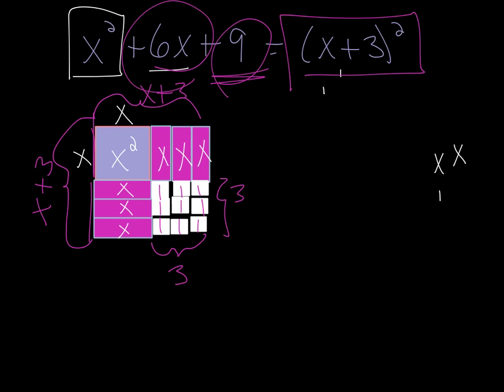And you guys know whenever you find the area of a square, it's always length times width. So right here you can see that this is why we call it completing the square. And really all we're doing is finding the area of the square. That's what the function represents, x squared plus 6x plus 9.